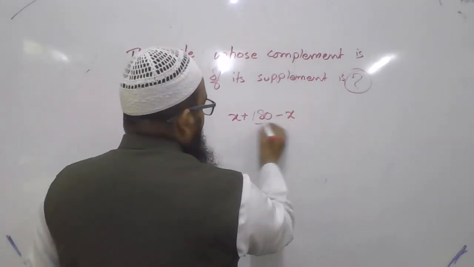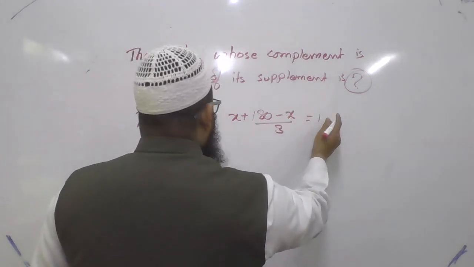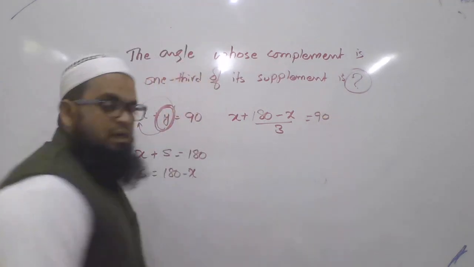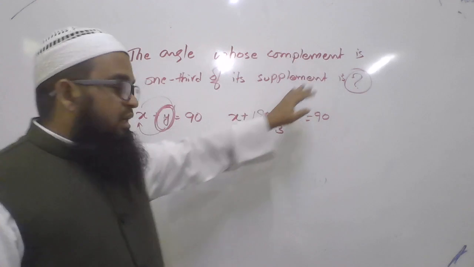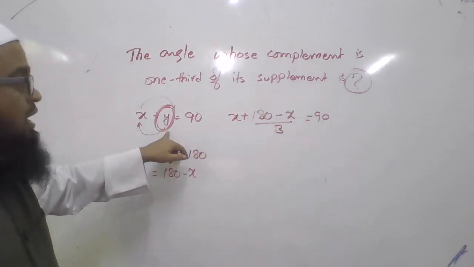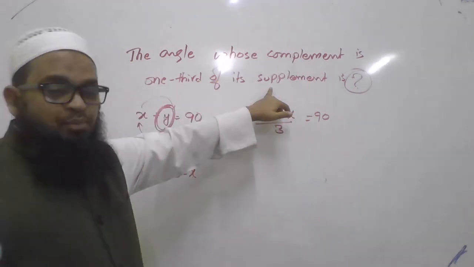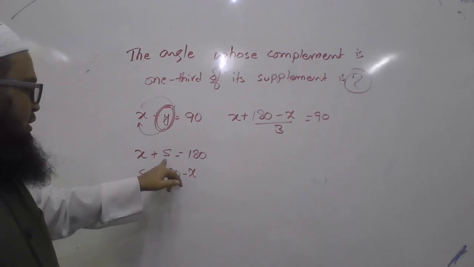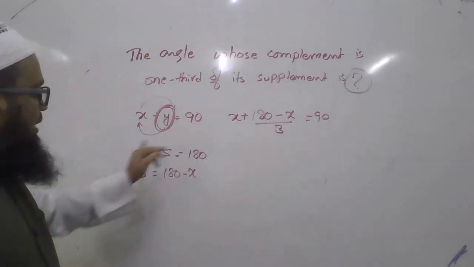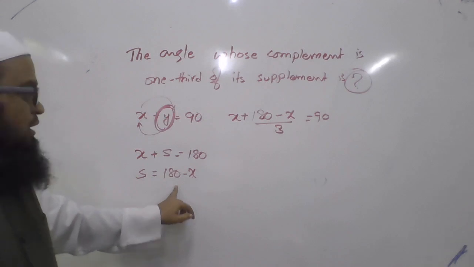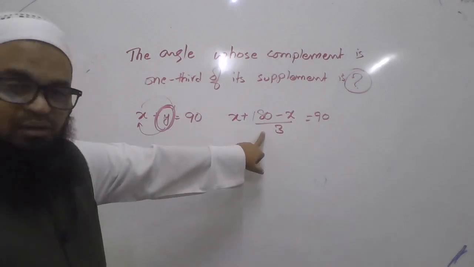So x divided by 3 equals 90 degrees. Understood? So what do you say? The angle whose complement is? He is talking about the complement whose complement is one third of its supplement. So what is the supplement of x? It is 180 minus x. Is it right? So one third, that means 1 by 3.